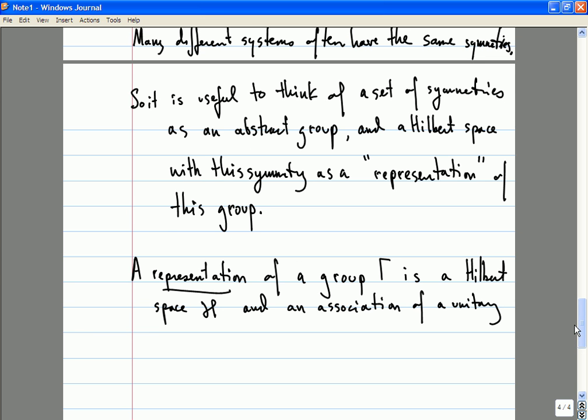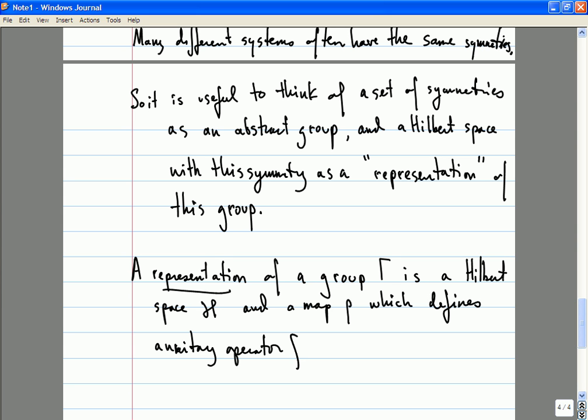or let me say this slightly differently. Sorry, I want to say this as clearly as possible. And a map rho which defines a unitary operator for each element of gamma.